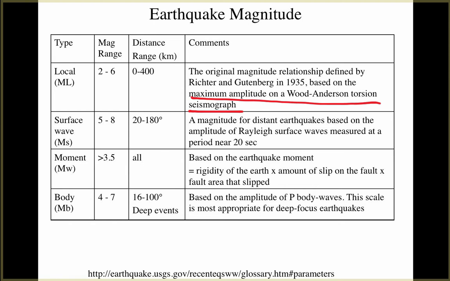For more distant earthquakes, we might want to use the surface waves, or, even better, a measure based not on amplitude, but the amount of energy released by the earthquake, the moment. How far the fault slipped, and how large was the fault area that slipped. And that's regarded as the best earthquake magnitude to use. Particularly at the largest magnitudes, it gives somewhat different results from the Richter scale.